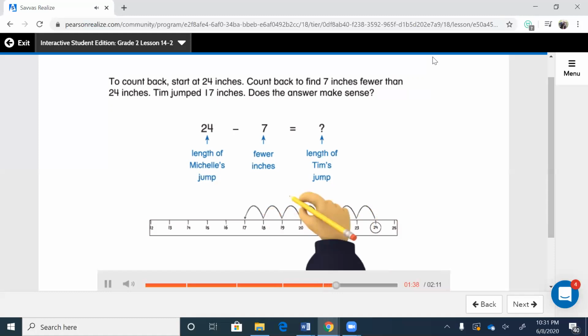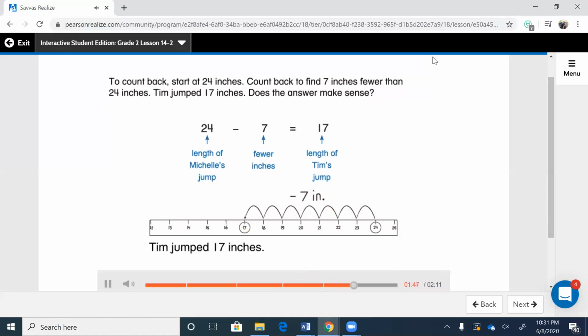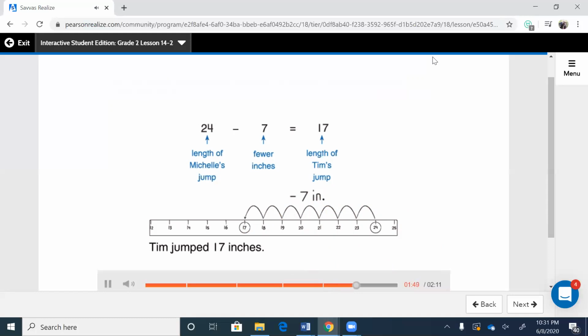Count back to find 7 inches fewer than 24 inches. Tim jumped 17 inches. Does the answer make sense? Yes, the answer makes sense because Tim jumped 7 fewer inches than 24. 7 less than 24 is 17.